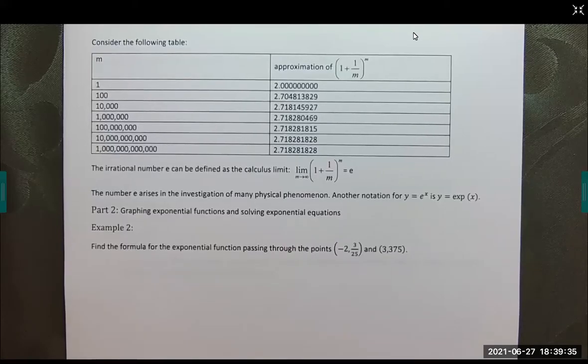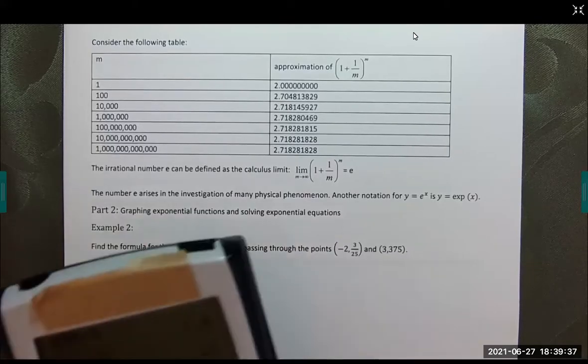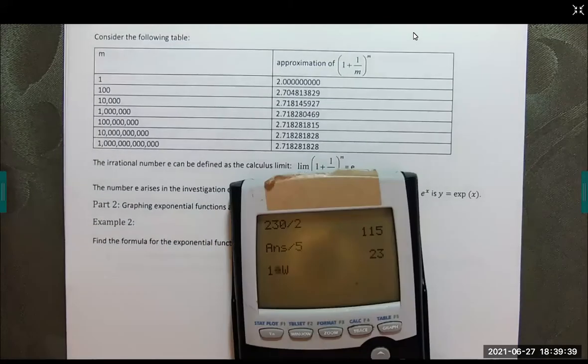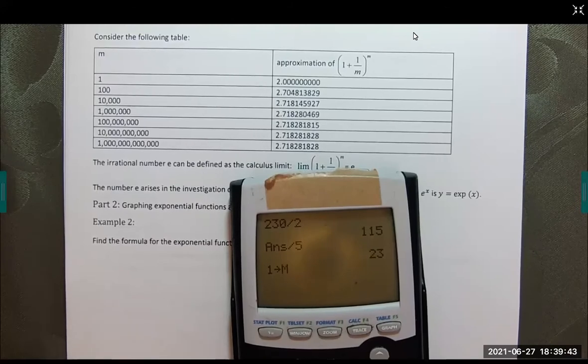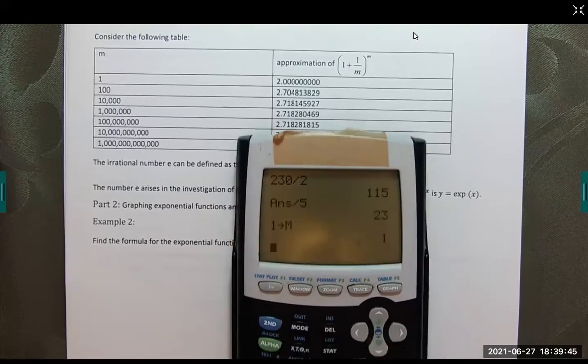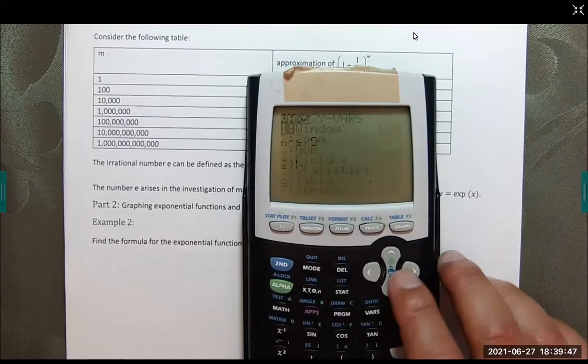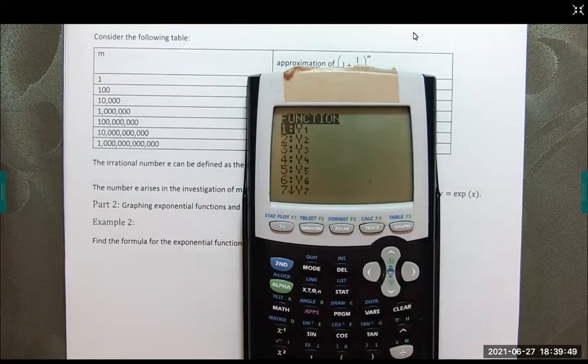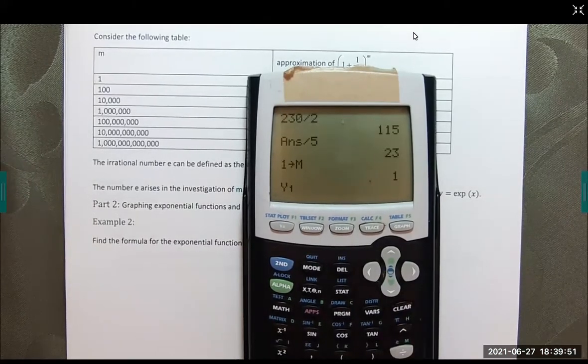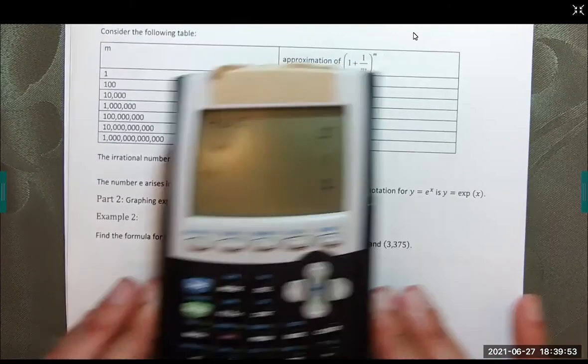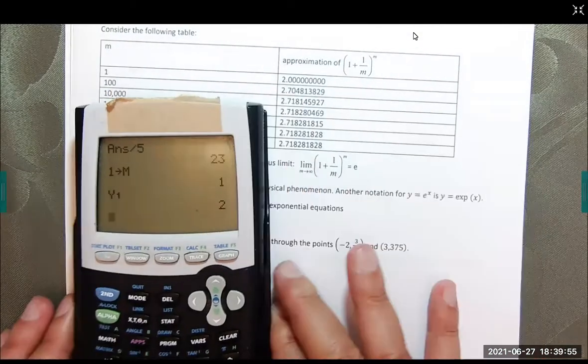All right, so I want to store 1 in for m. And then I want to run, like I did in a previous video, vars, yvars. Here, and I'm just going to hit enter. And it became 2.000. So let's put 100.